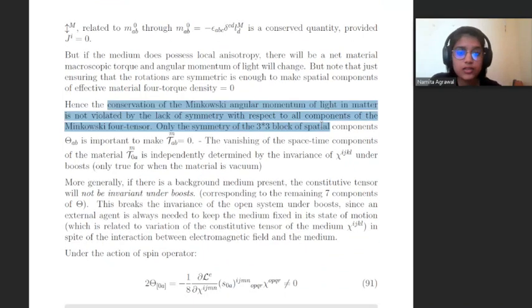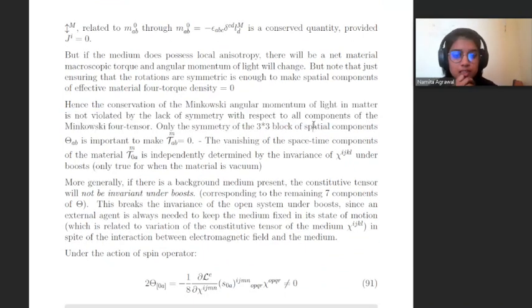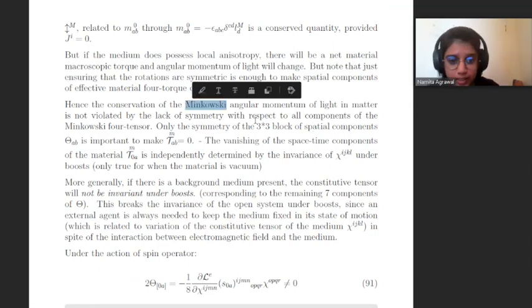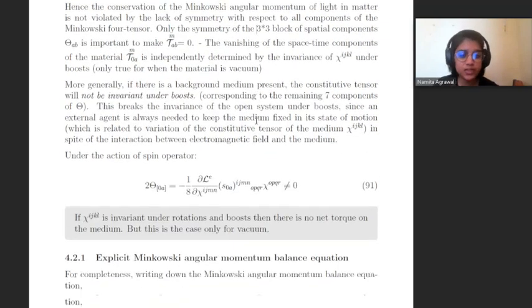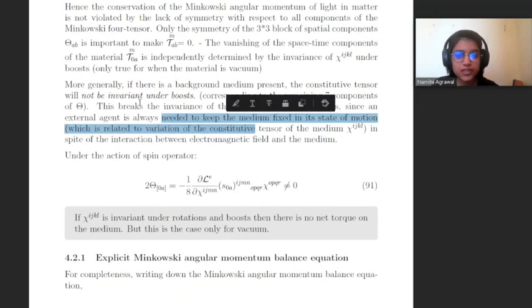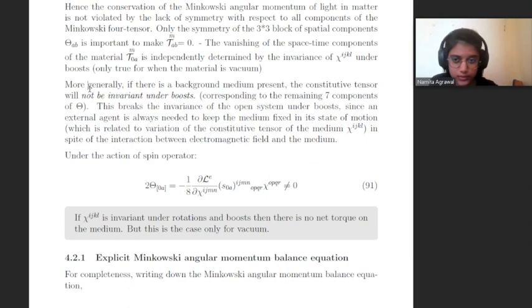This is because under the action of a boost, chi is not conserved. This breaks the invariance of the open system under boosts, and so there's always a need for some agent to keep the medium moving. But in the previous case we had taken this to be addressed, so it breaks the symmetry and it will not lead to a conserved quantity.